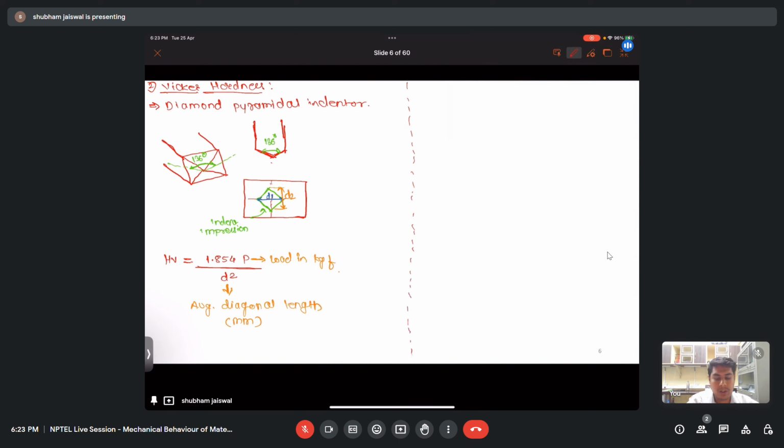Then after that, we have seen the next indentation method, that is the Rockwell hardness. So in this we use a conical indenter.